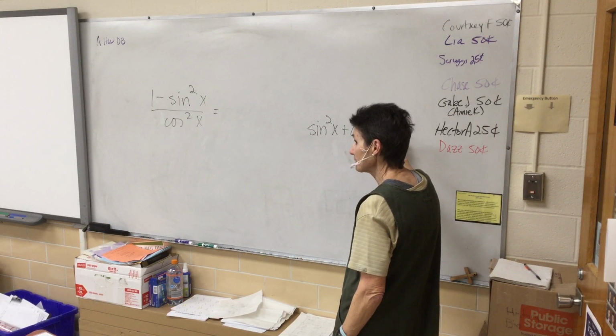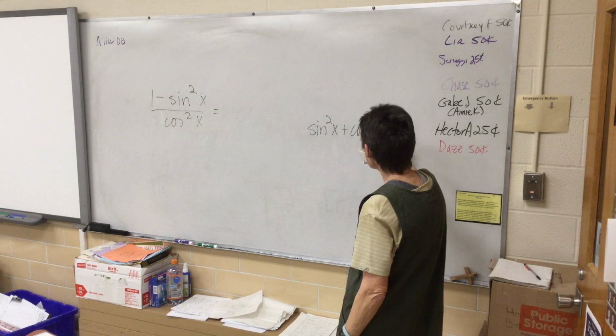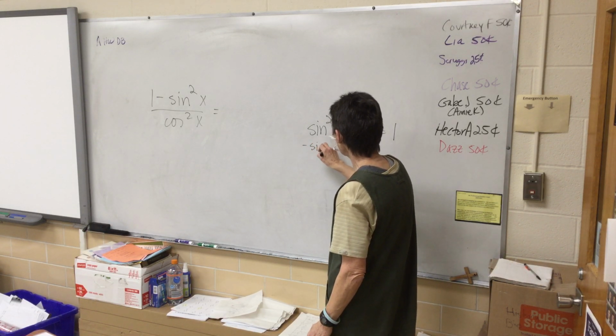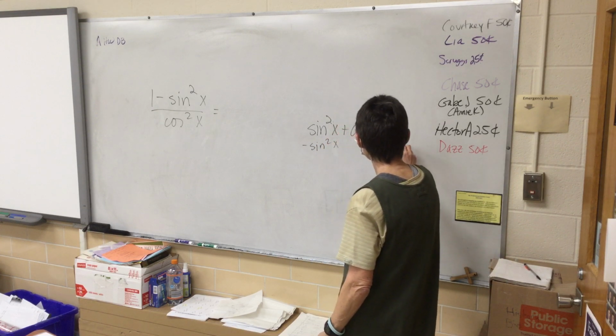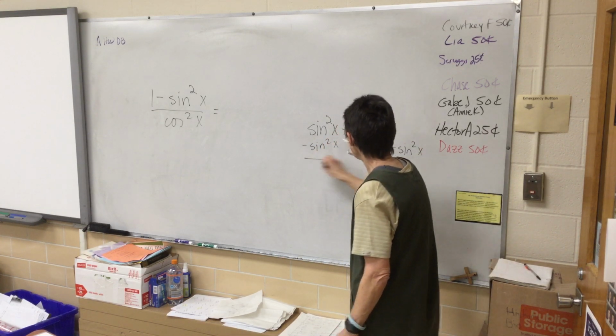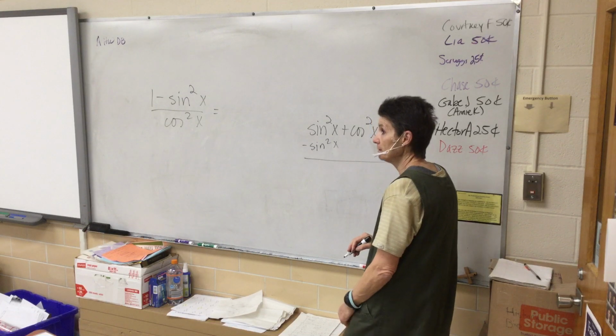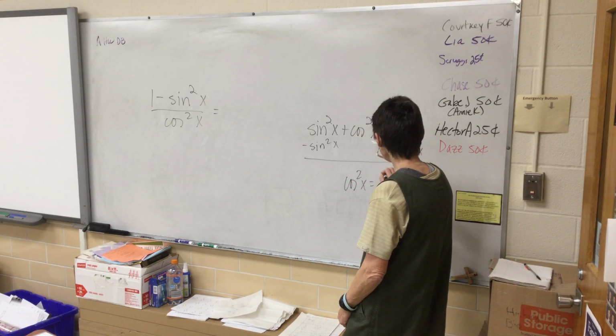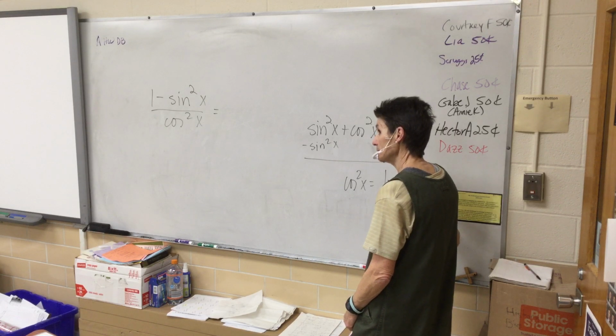That's on there. If you subtract sine squared from both sides, then you have a new equation that says cosine squared equals 1 minus sine squared.